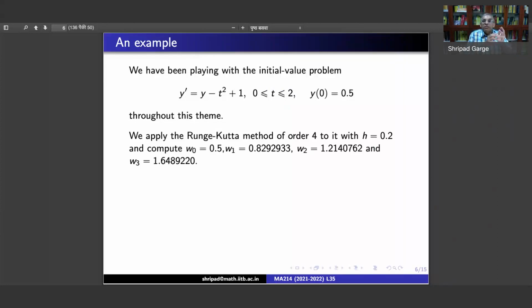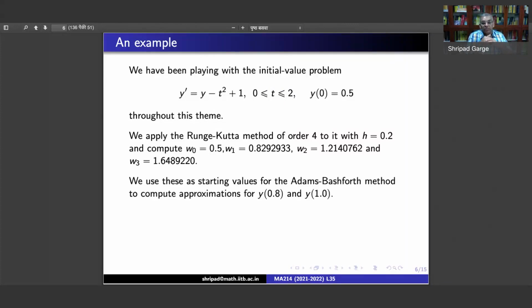Okay, so now we have W0, W1, W2, and W3. We are going to use the 4-step explicit Adams-Bashforth method to compute the approximation for y at 0.8, which would be W4. So W4 will use W0, W1, W2, W3.